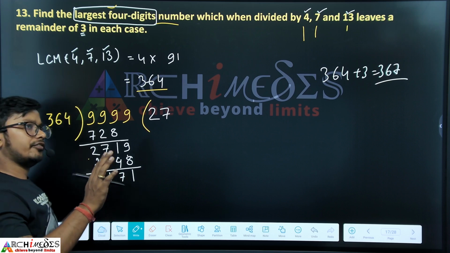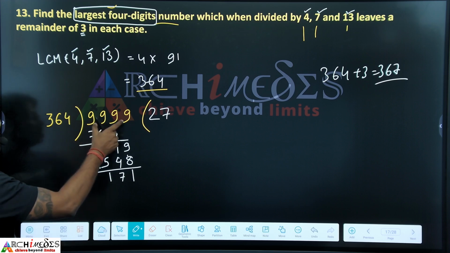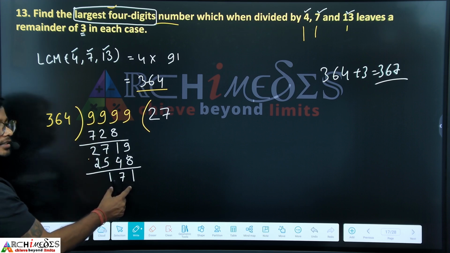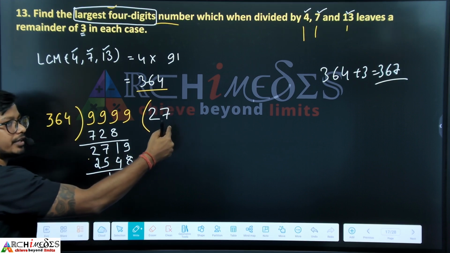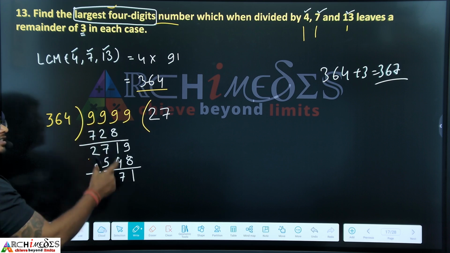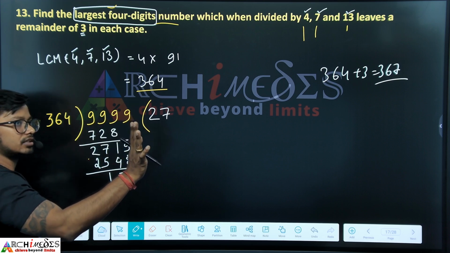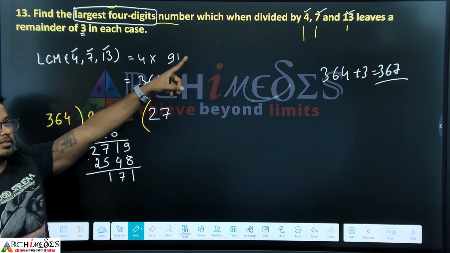So now listen carefully. Very important approach here, okay? Look over here now. This is the extra thing when you divide. Remember, you cannot do the decimal point over here, okay? Whenever this is the extra thing, if I subtract this from here, it is exactly divisible, yes or no? Because a number divisible by the LCM is also divisible by that number. Clear?